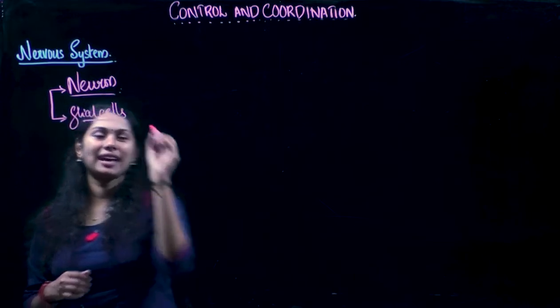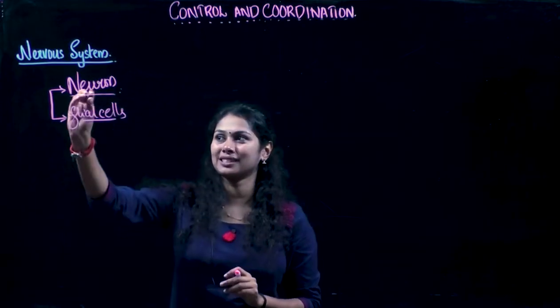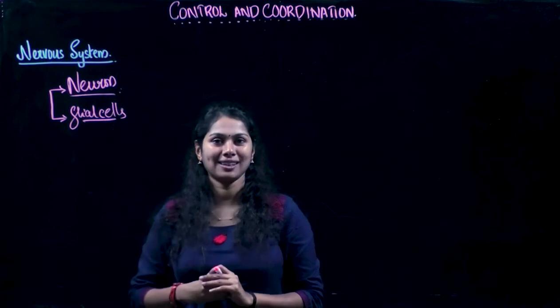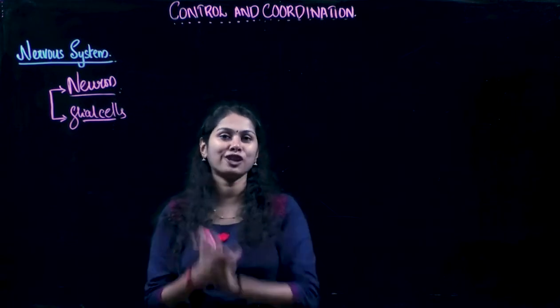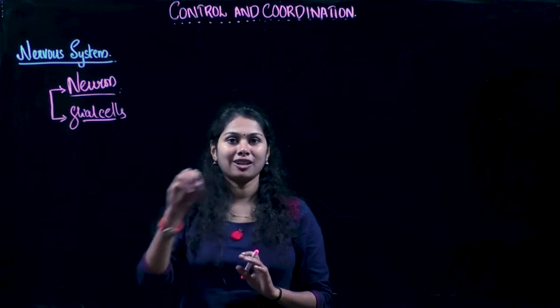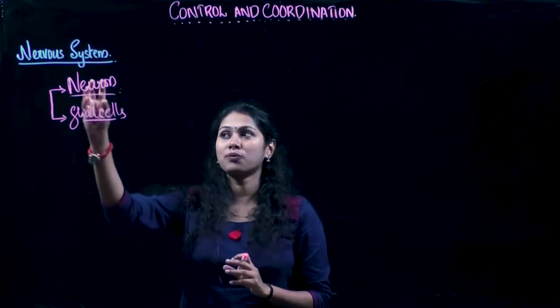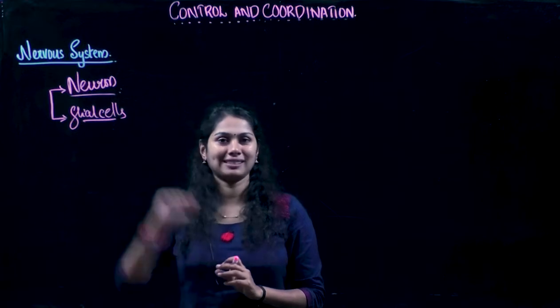So basically, there are two types of cells involved in a nervous system: the neuron and the glial cells. Both have different functions. Consider a nerve like a thin wire which consists of bundles of neurons and glial cells.